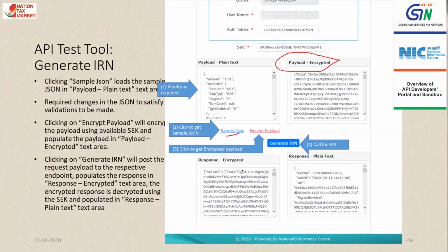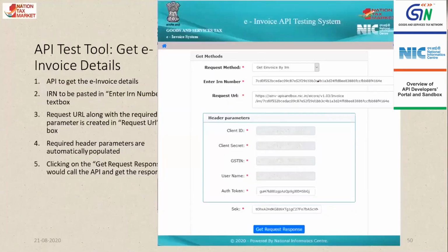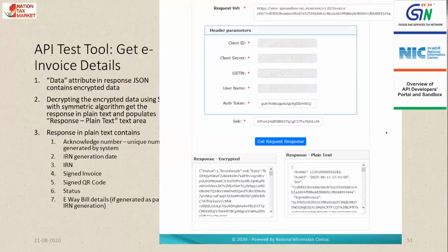Similarly, all other POST APIs work, only the endpoints and the payload differ. And there are some GET APIs where the parameters are passed only as part of the URL, and the other things remain the same. The responses can be seen here at the bottom, encrypted as well as decrypted.